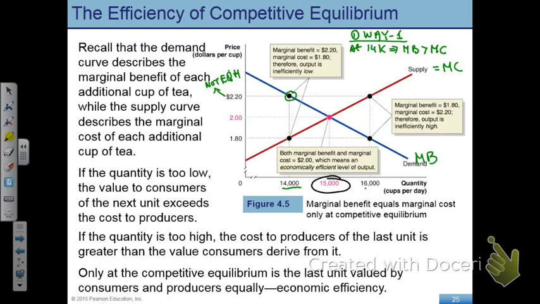So when marginal benefit of a certain level of output is greater than marginal cost, what do you think should happen? Anyone? Increase the cost. I didn't understand that. So increase the cost. How do you increase the cost? Have the price of the good increase so that you decrease the overall demand so it'll reach equilibrium. Okay.